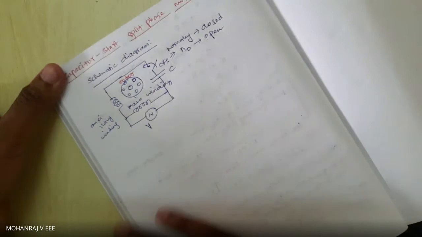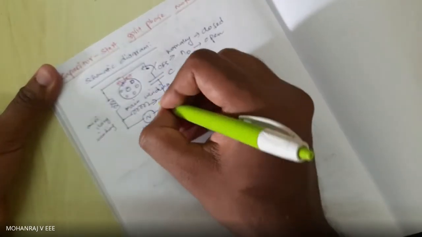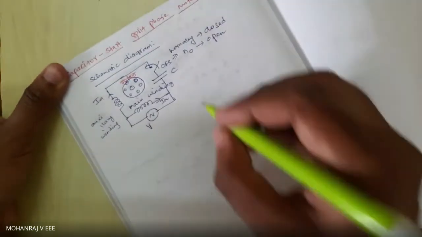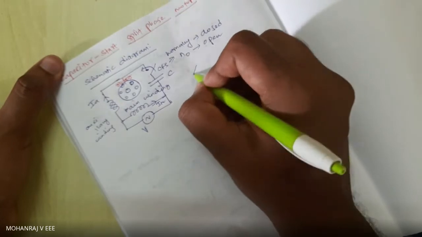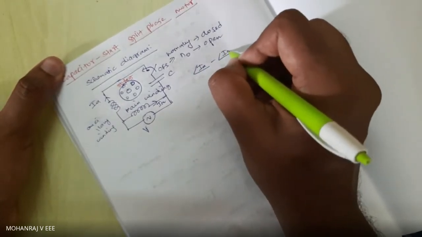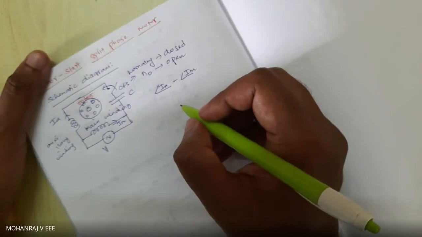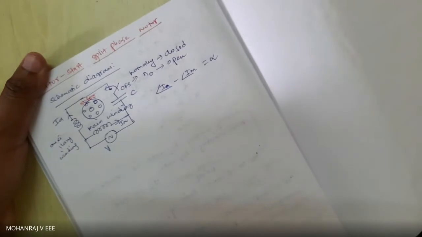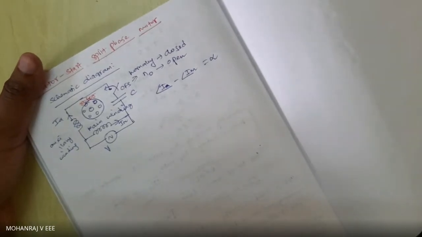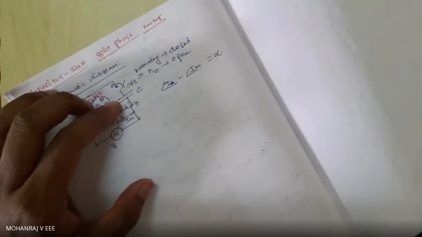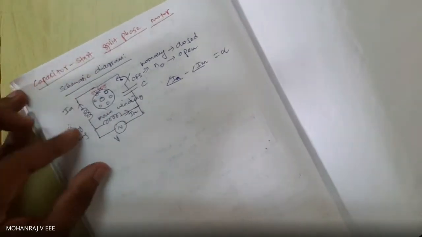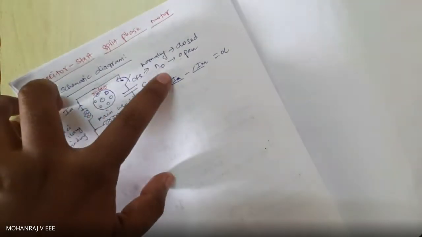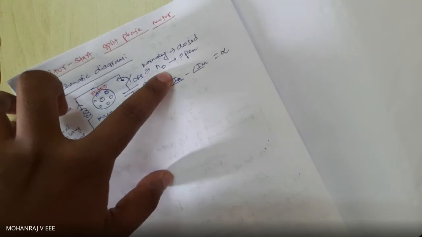Now how is this going to work? The current flowing through my main winding is taken as IM. The current flowing through my auxiliary winding is taken as IA. Let us say the angle difference between IA and IM is alpha. As we have a capacitor in the auxiliary winding circuit and the CFS is normally closed, it will open only when the motor is running at nominal speed.